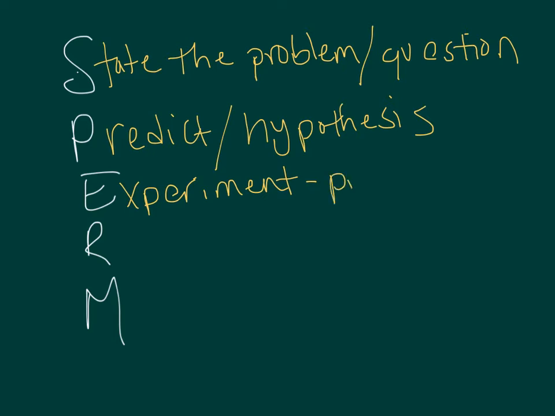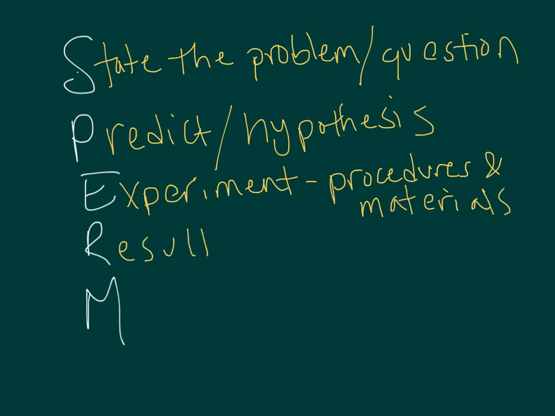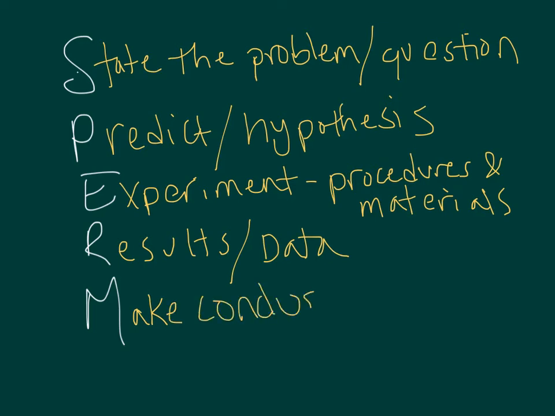It's also going to include things like our procedures and materials. The R stands for our results, our data. What do you hope to get out of this project? And lastly, the M in SPERM stands for make conclusions, which we'll go to in a little bit more depth later on. But here's SPERM and what it stands for. It's basically an acronym to help you remember the steps. Remember, science is not linear, but this is kind of an outline of what scientists would do.